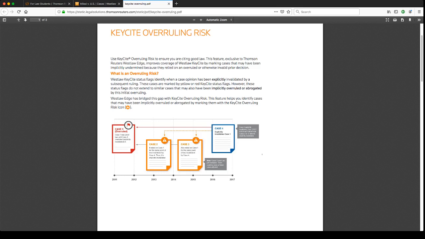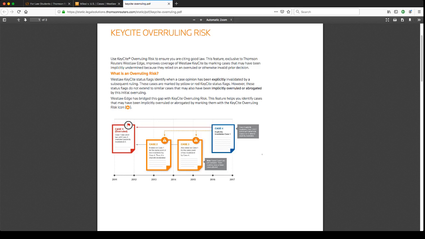Mustafi was invalidated for those 2 environmental law issues, right? But between 2011 and 2017, when case 4 invalidated case 1 for certain issues, cases 2 and 3 relied on case number 1 for those issues.